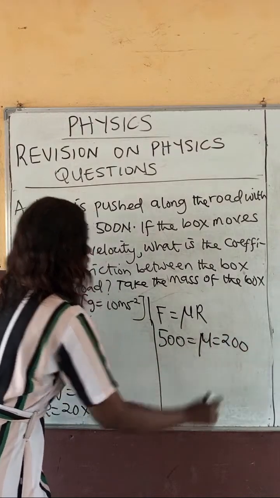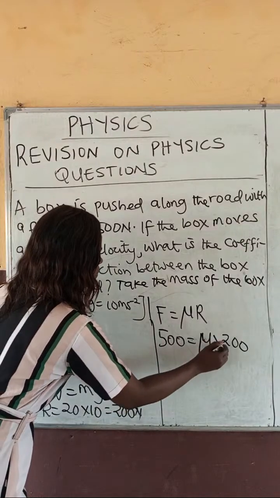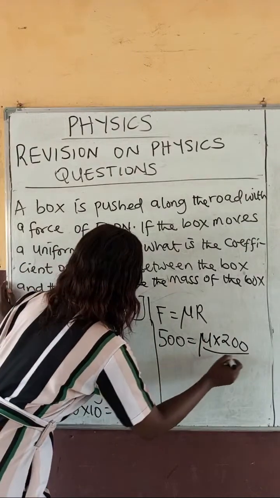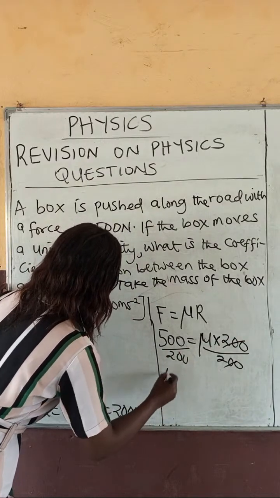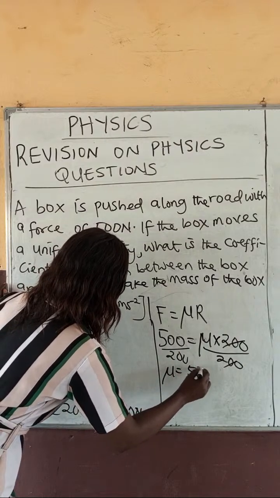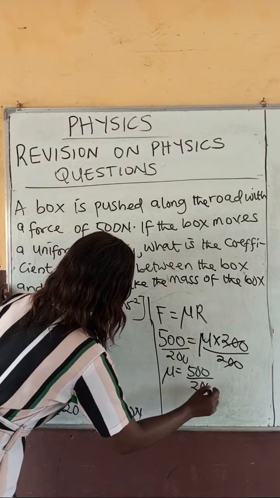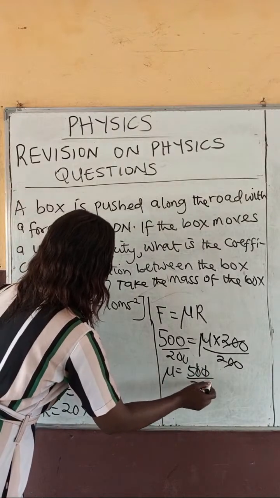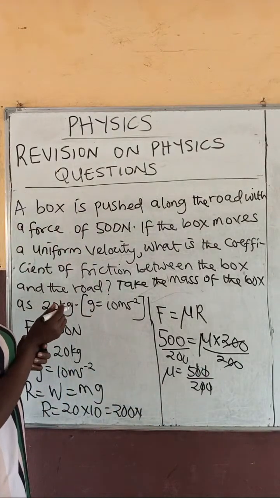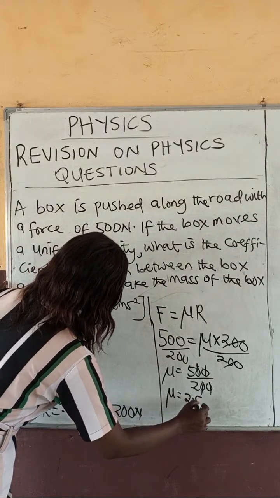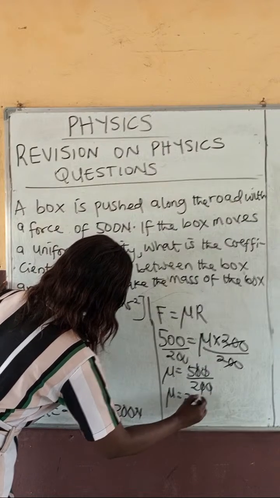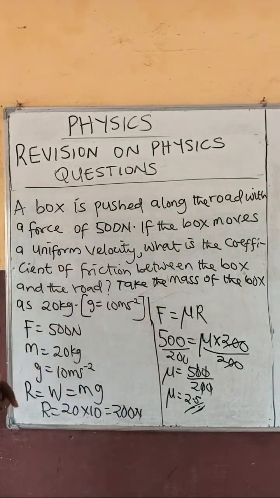For us to get the coefficient, I divide both sides by 200. The 200s cancel, so my mu is equal to 500 over 200, which is 2.5. So the coefficient of limiting friction is equal to 2.5. I hope you understand.